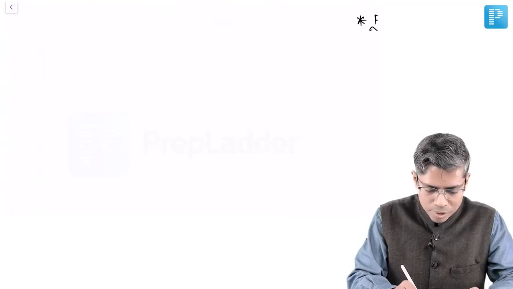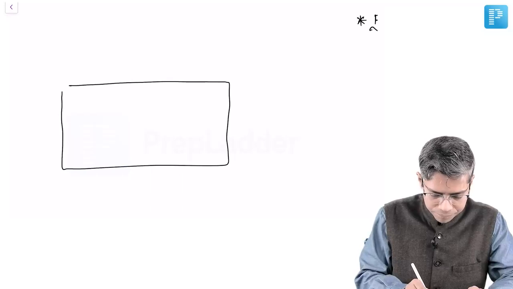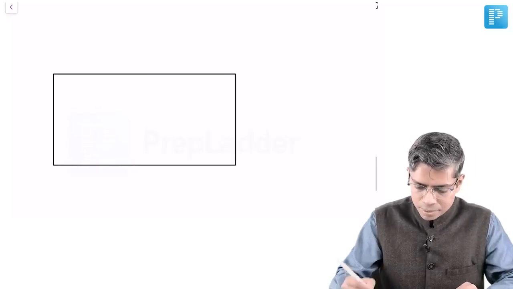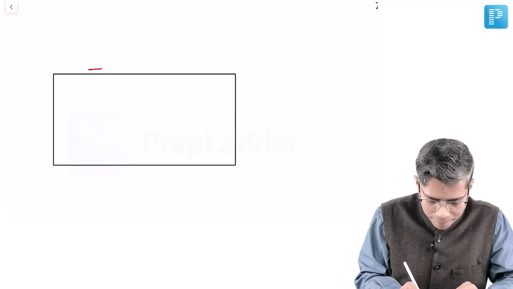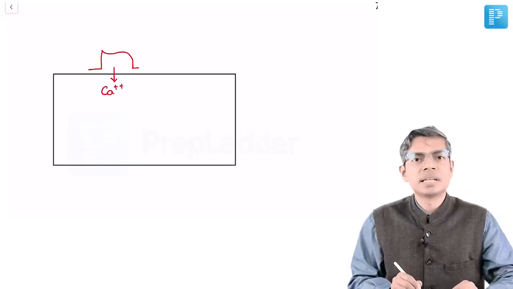So again I am drawing a myocardium cell. So this is a myocardium cell once again. So action potential is appearing, and during this phase number 2 the calcium is entering in the cell. What is the name of this channel?